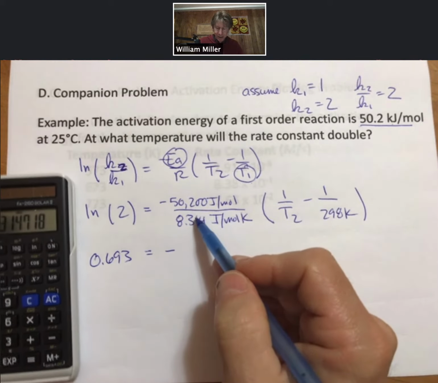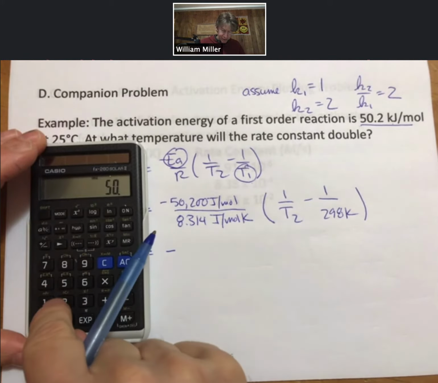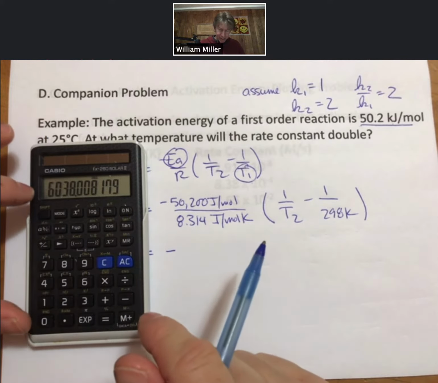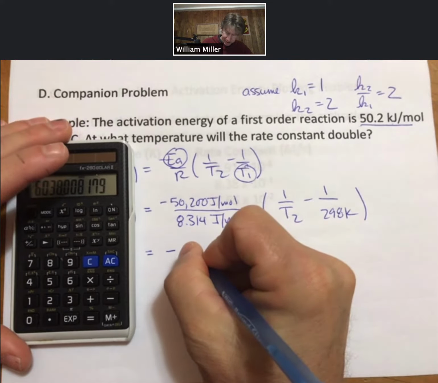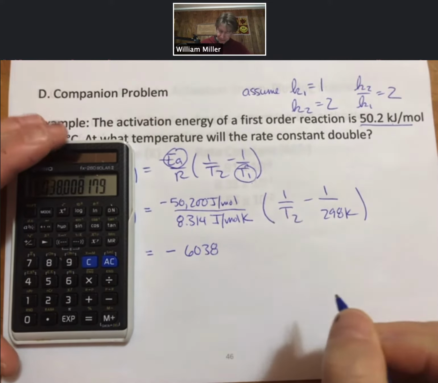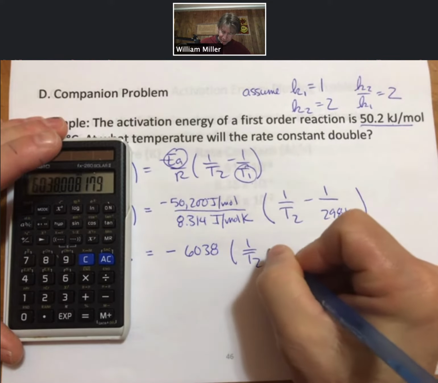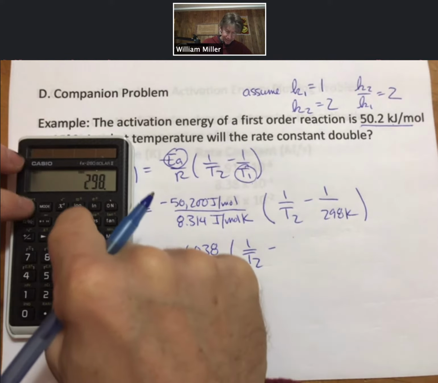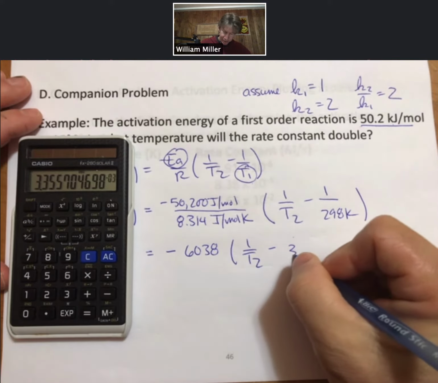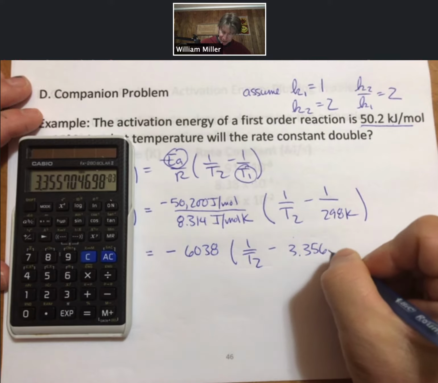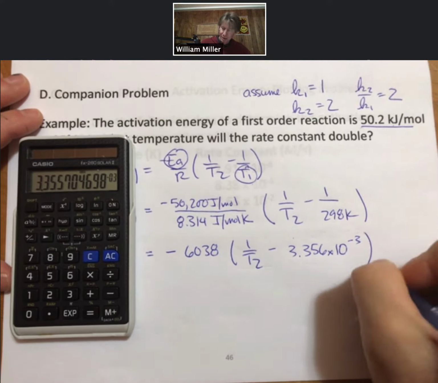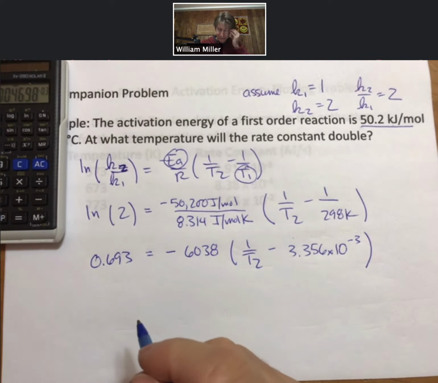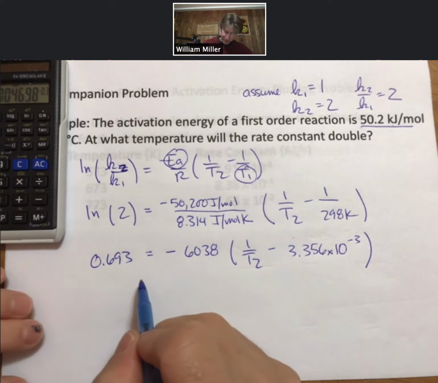Do this math here. 50,200 divided by 8.314. And I get 6,038, which is negative, times 1 over T2 minus, now I'm going to go ahead and do this math, 298, 1 over 298 is 3.356 times 10 to the minus 3rd, like so. I know it's not fun math, but let's go ahead and keep working it out.